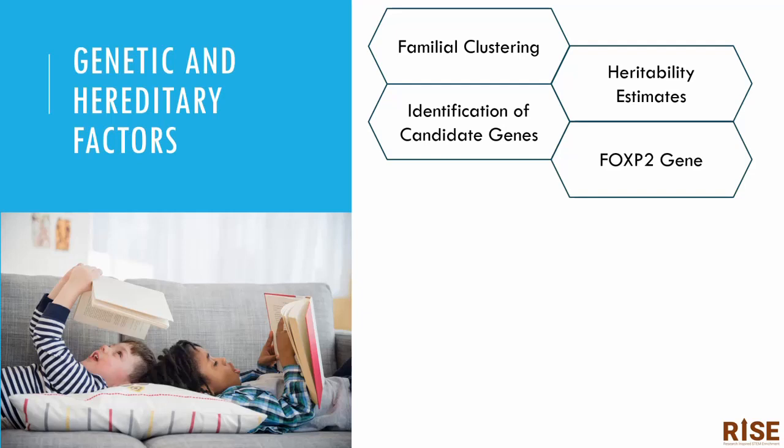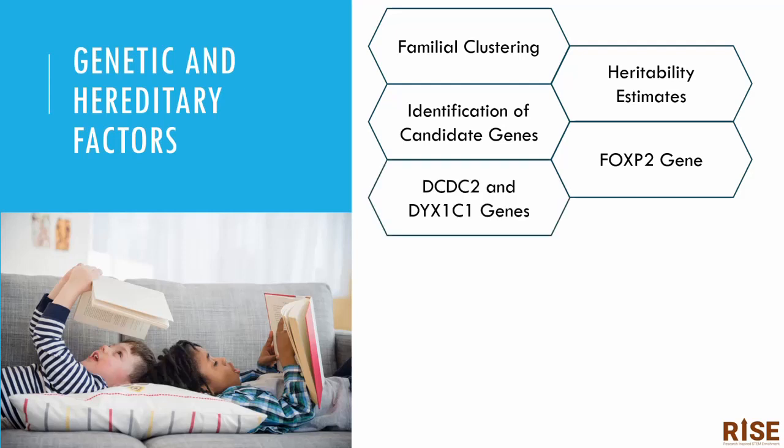4. FOXP2 gene. The FOXP2 gene, implicated in language development, has been studied in the context of dyslexia. Variations in the FOXP2 gene have been associated with language impairments, including difficulties in phonological processing, a core challenge in dyslexia. 5.